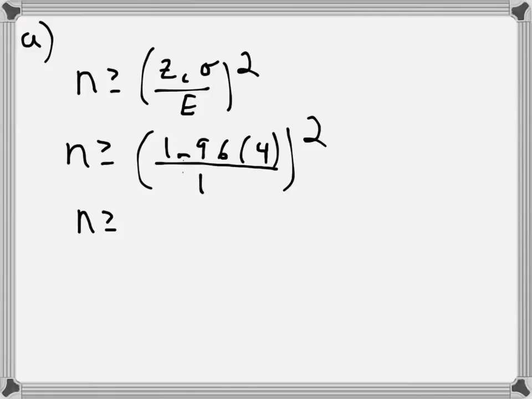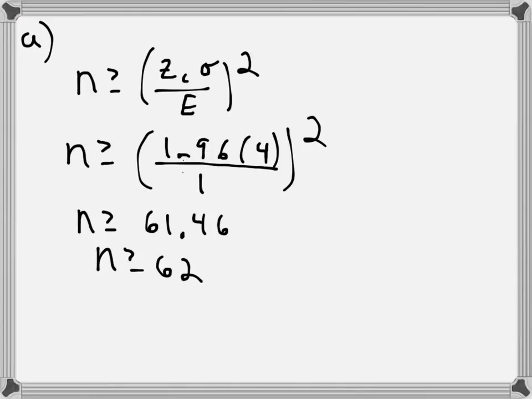So this is going to be 1.96 times 4. Multiply them first, then square them later. And I got 61.46. So I have to sample 61.46 people, right? No, I always need to round these up.